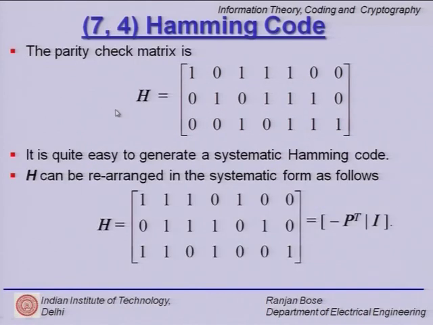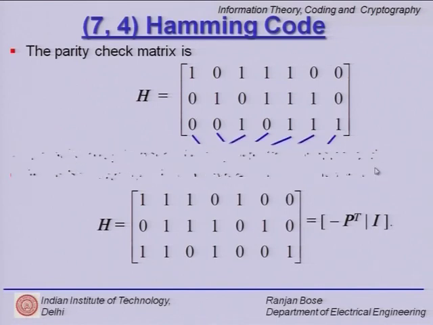So, we know that you can have an equivalent parity check matrix by simply rearranging the columns. So, since I have got these 7 vectors, and of these I have to identify 1 0 0, 0 1 0 and 0 0 1 to be kept on the rightmost side, we can simply rearrange them.